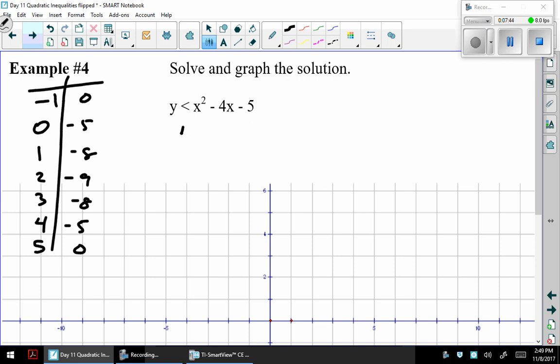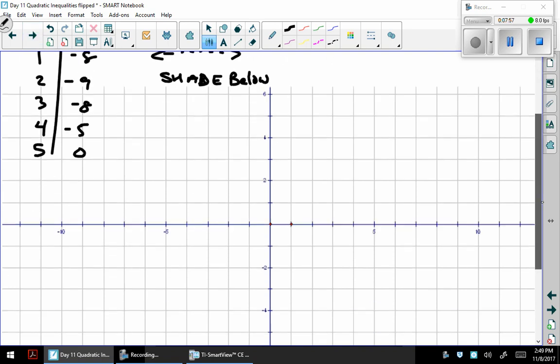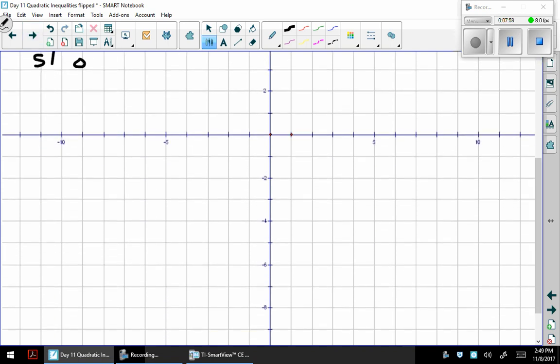All right, things I know: it's going to be a dotted parabola. Less than, I'm going to shade below. Okay, let's graph it. So -1, 0; 0, -5; -8, -9, -8, -5, 0.